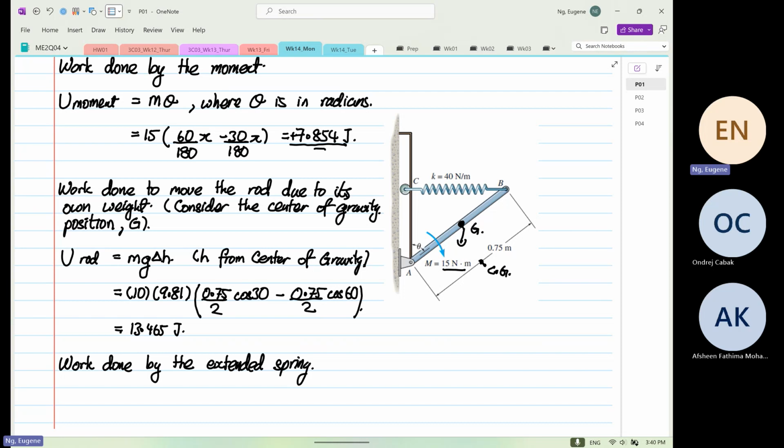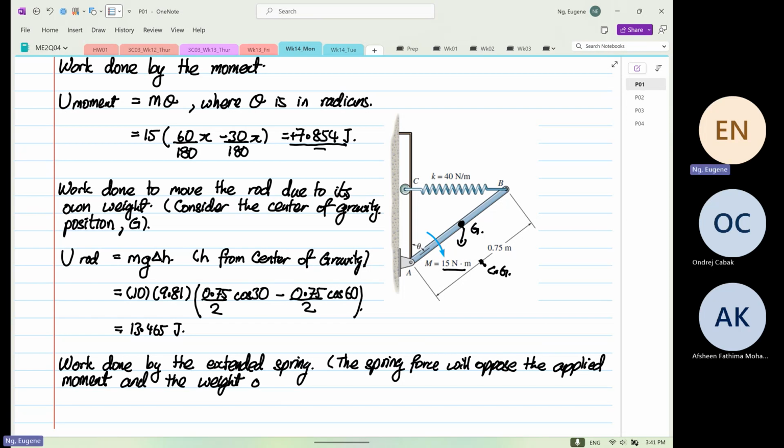I make a statement again. The spring will oppose the applied moment and the weight of the rod. Agree or disagree?